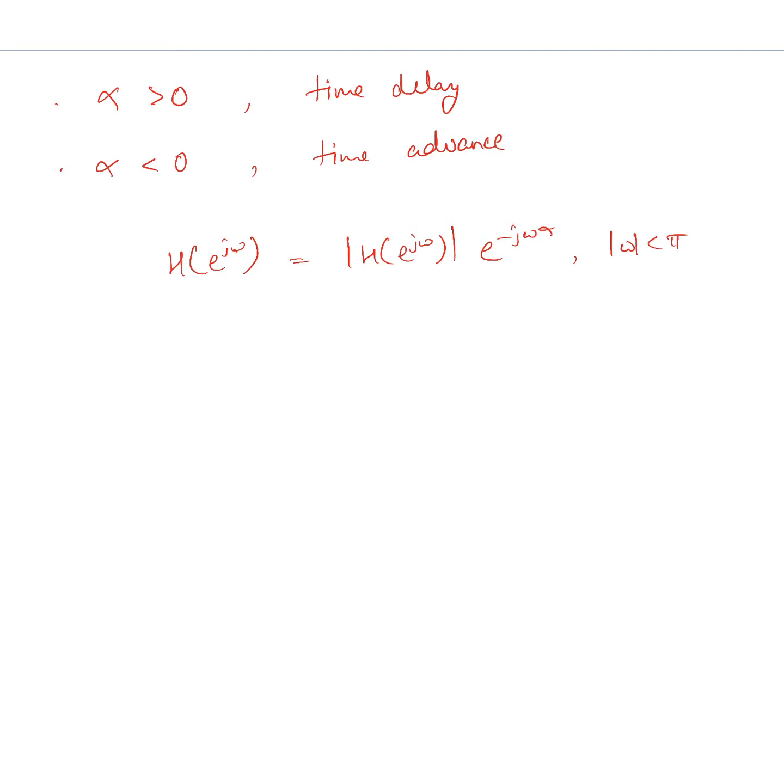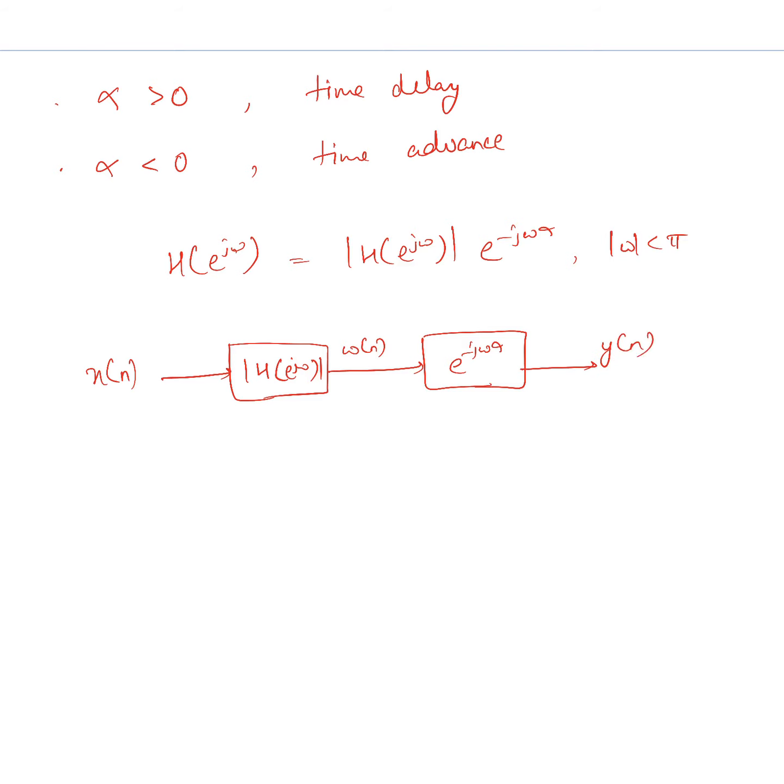Okay, so this frequency response can be interpreted as: some arbitrary sequence x[n] is first processed through the system which has the magnitude response, and yields a signal w[n], and finally it is delayed to yield y[n].